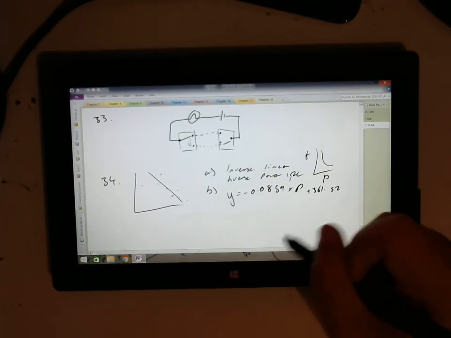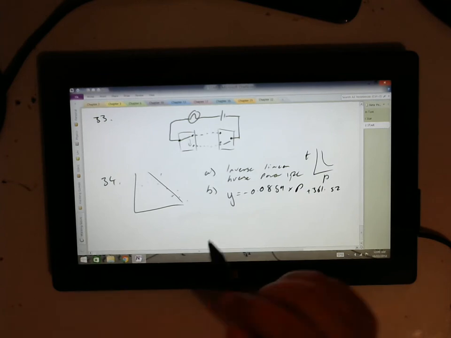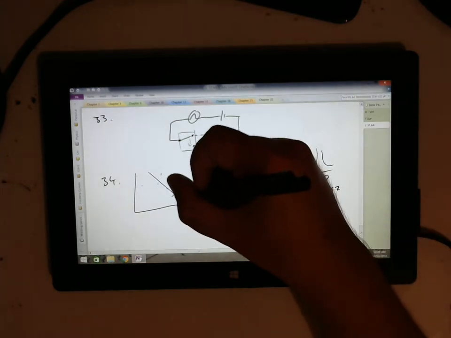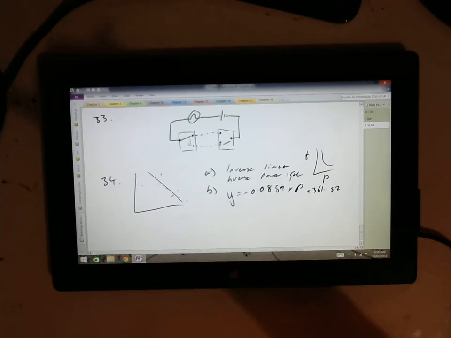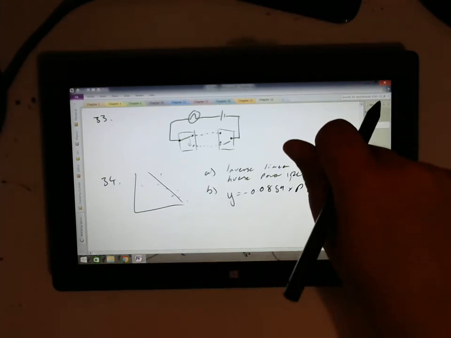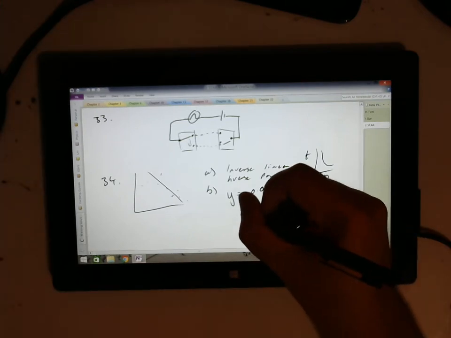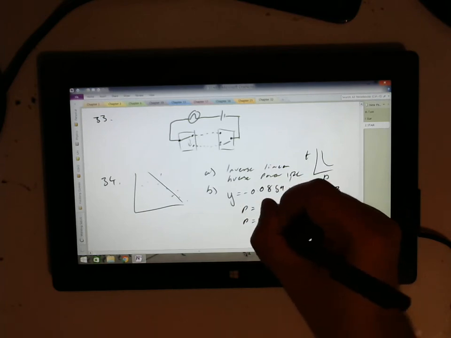I add this number, and I'm going to get myself a time in positive seconds, probably. However, if the power is too big, then we would end up with this going below there, and it would be negative time to heat up, so obviously it can't be right either. Hence the probable exponential curve. So I'm going to let P equal 1600 and P equal 2400.